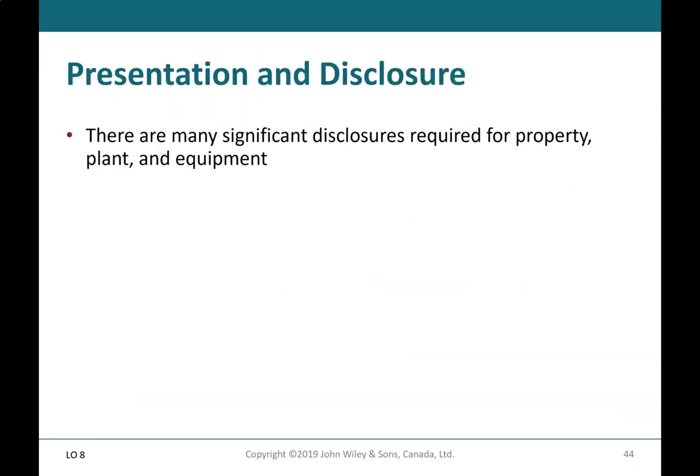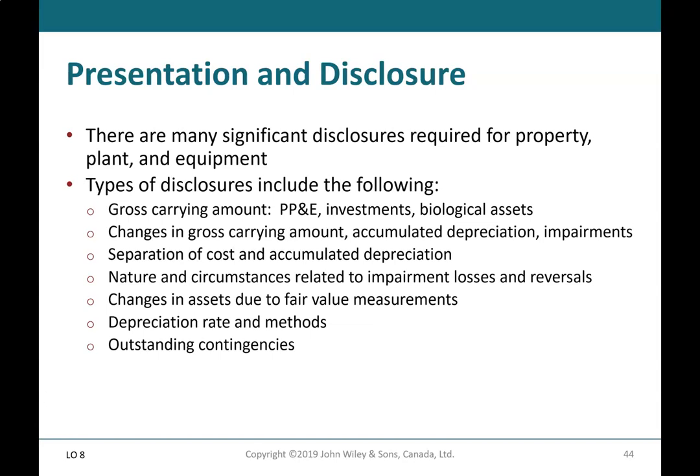Presentation and disclosure. There are many significant disclosures required for property, plant, and equipment. Types of disclosures include the following: gross carrying amount, property, plant, and equipment, investments, biological assets, changes in gross carrying amount, accumulated depreciation, impairments, separation of cost and accumulated depreciation, nature and circumstances related to impairment losses and reversals, changes in assets due to fair value measurements, depreciation rate and methods, outstanding contingencies.